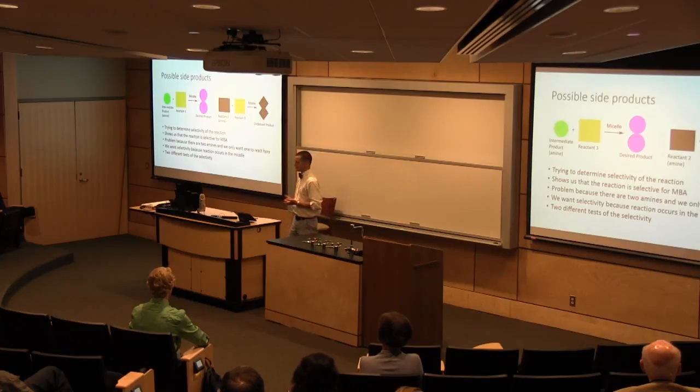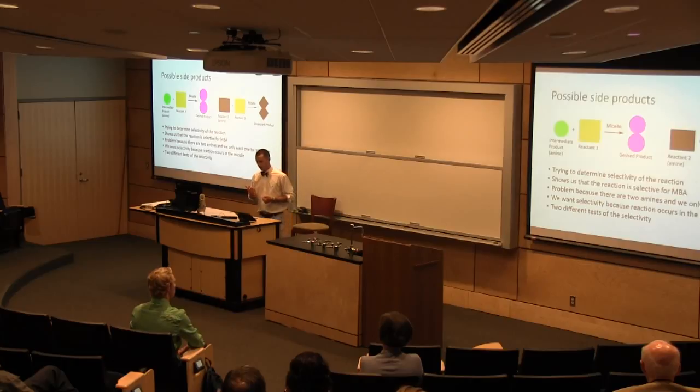So in order to test this, let's set up two different micellar reactions. An amide coupling by itself in the micelle to test whether the starting material would form an amide, the black double diamond, or whether our reaction with the intermediate product would form the amide that we want, the purple snowman.